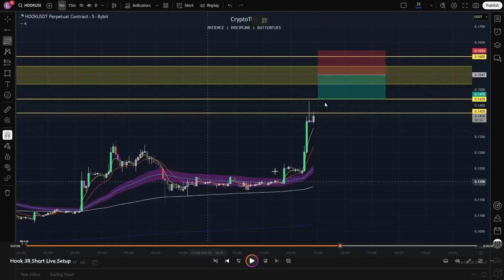But because these are also close to each other, my interest is the big vector zone here, the big red vector zone. I'm looking to short this manipulation up. As you could clearly see, this is a manipulative move. This is not natural price action, so price is heavily manipulated.